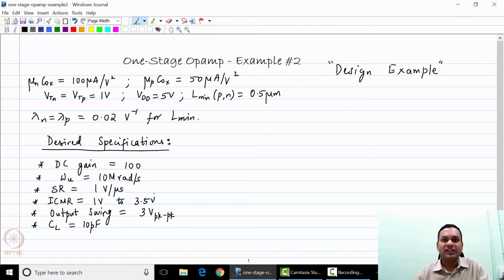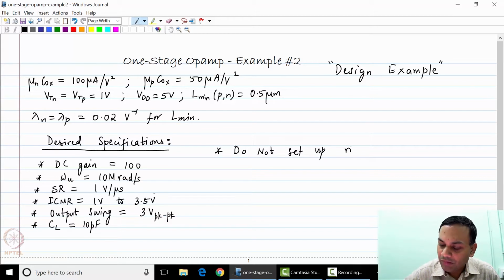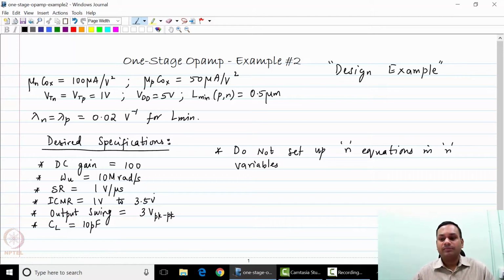So we will try to approach it in a somewhat logical manner, where we can try to set some of the parameters first. So the first thing to do is not set up n equations in n variables and solve it, right?